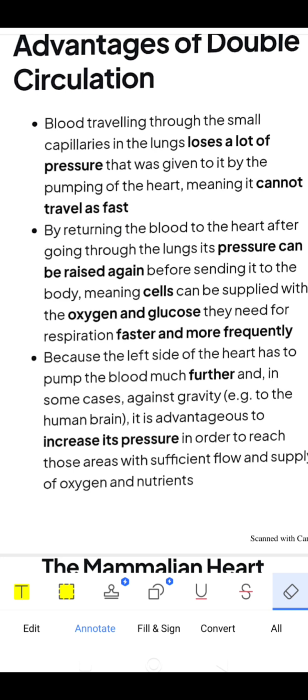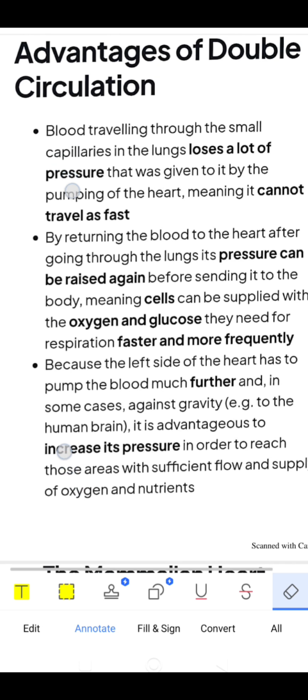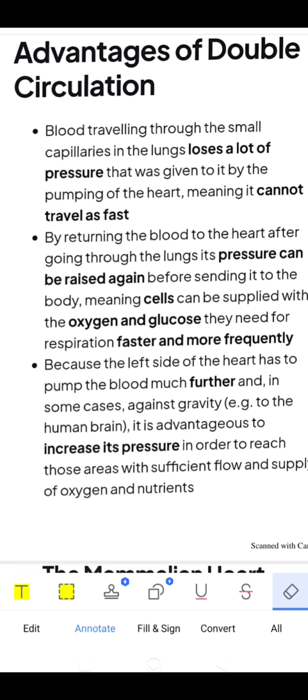It means only one chamber is not responsible for pumping the blood all over the body; there are two chambers, the right chamber and left chamber, which are working together. So the double circulation ensures the frequent blood supply all over the body, and it also increases the blood pressure. These are the advantages of double circulation.